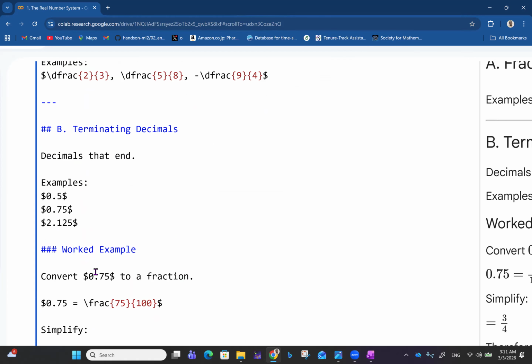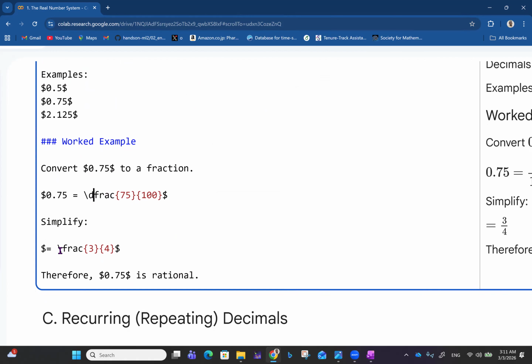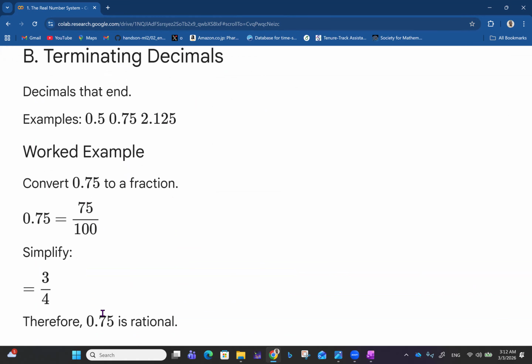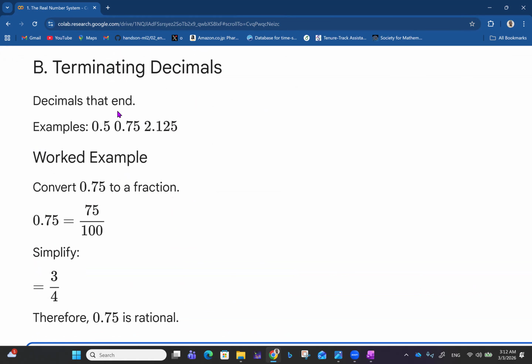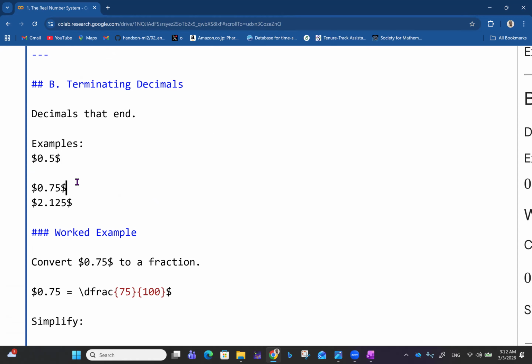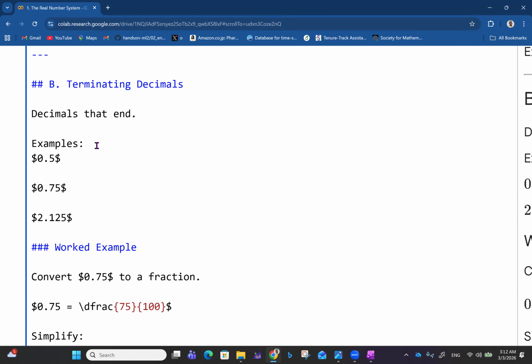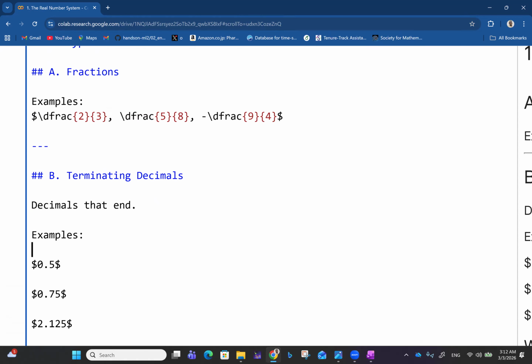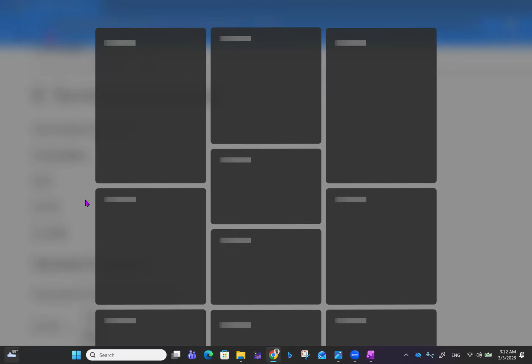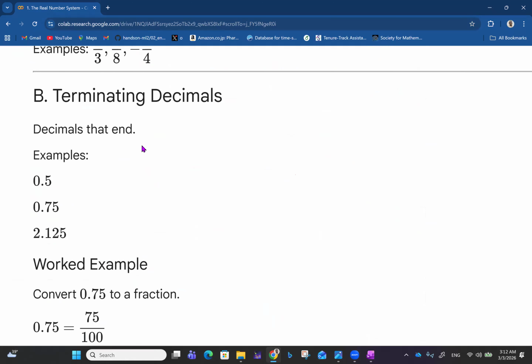So in this case, imagine that you have this kind of numbers we have here. Terminating decimals are decimals that end. For instance, you can clearly express 1 over 2 as 0.5.